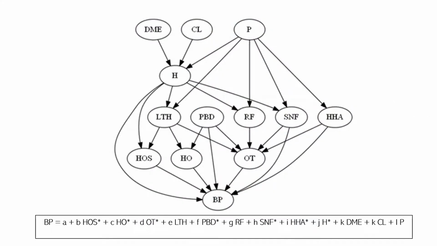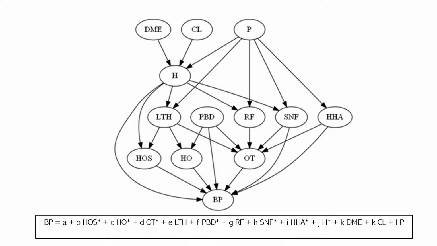Other equations were created in representation of the above network. For BP, the preceding variables are represented by a direct arrow when they have a statistical significance to the outcome variable.